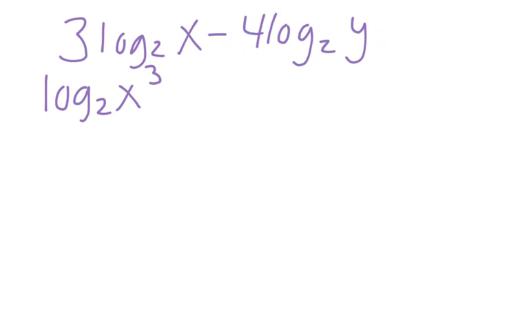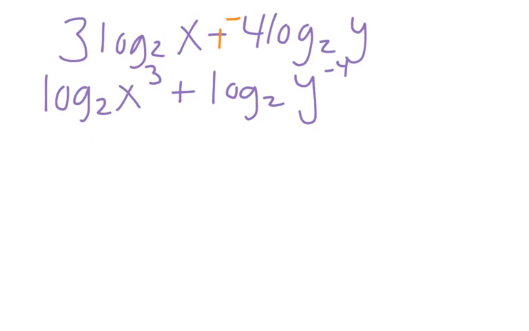Because if you think back to the very first day of school, and I know we're inching closer to the last day of school, so you probably don't want to think back to the first day of school, but I said there's no such thing as subtraction. Subtraction just means adding a negative. So could we put a negative 4 into the exponent, and then this would become addition, because the negative got moved into the exponent.